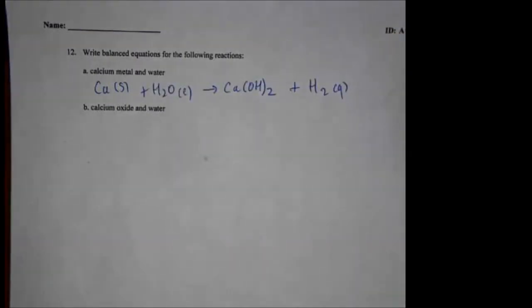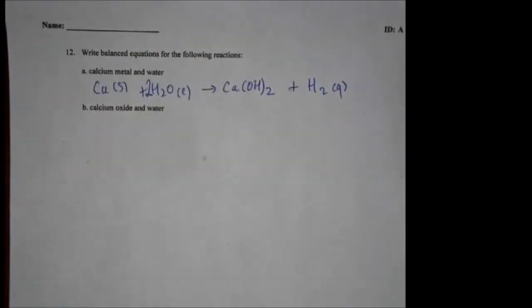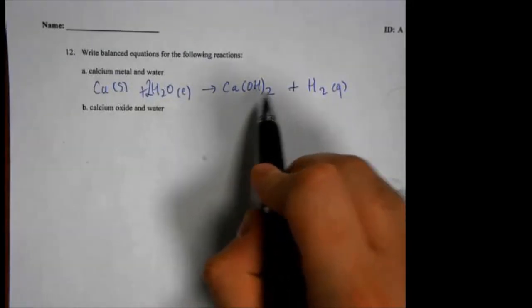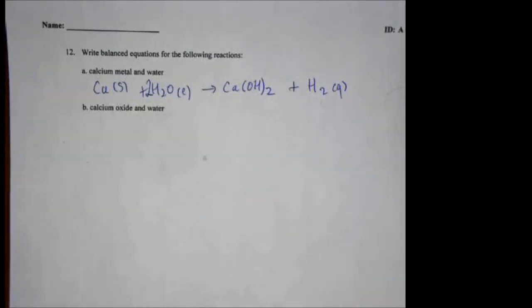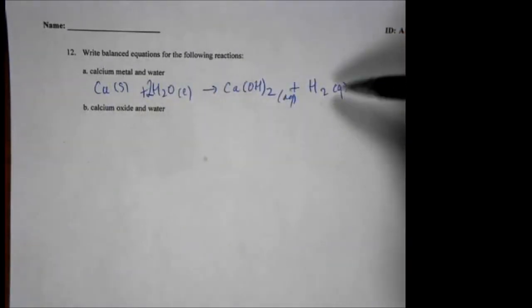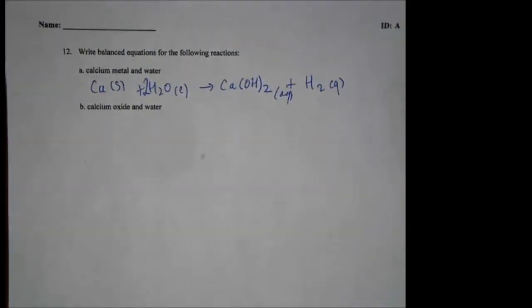So that is an important product. So in order to get this balanced, we're just going to need to give this a 2 over here. So that gives me my 2 oxygens here, and then we have 2 hydrogens plus 2 hydrogens is 4 hydrogens. So you just have to remember that alkaline earth metals form hydroxides and hydrogen gas, as we saw in lab.